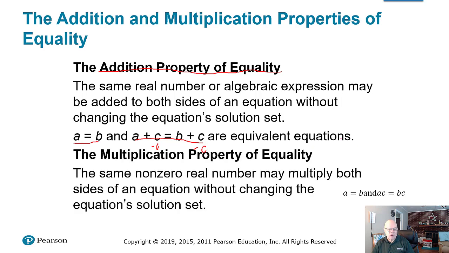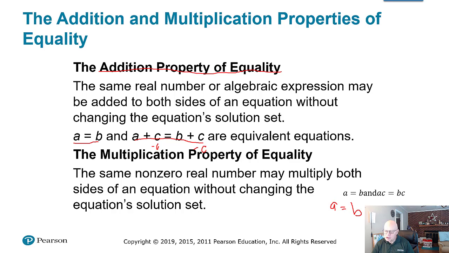The same thing works for multiplication. If you multiply both sides of the equation, it doesn't change the solution set. You still have equivalent equations. This one's a little bit off here. A equals b. And over here we have AC equals BC.